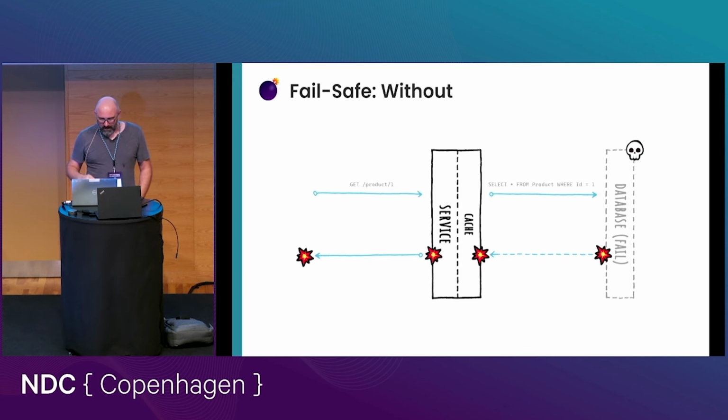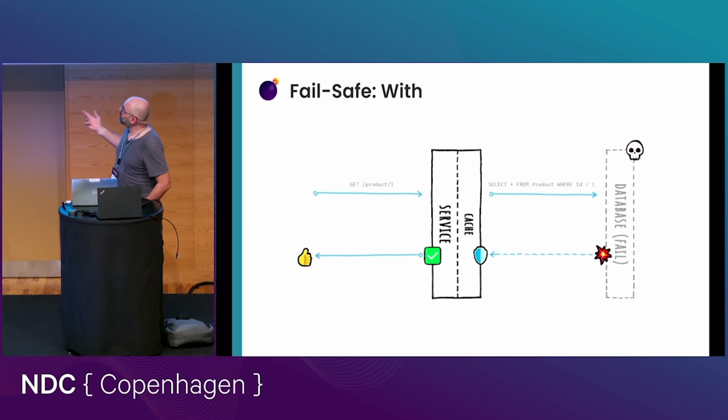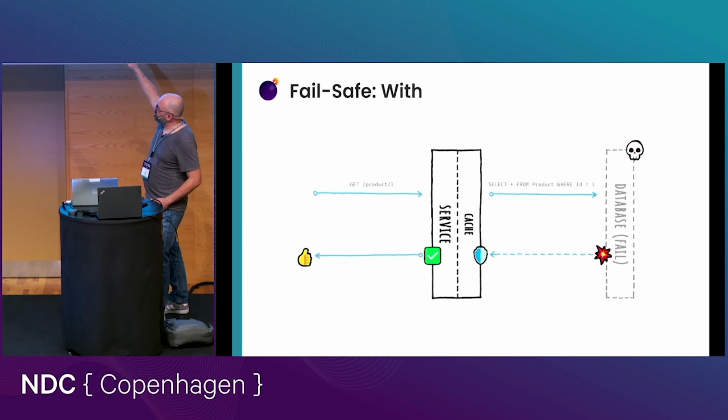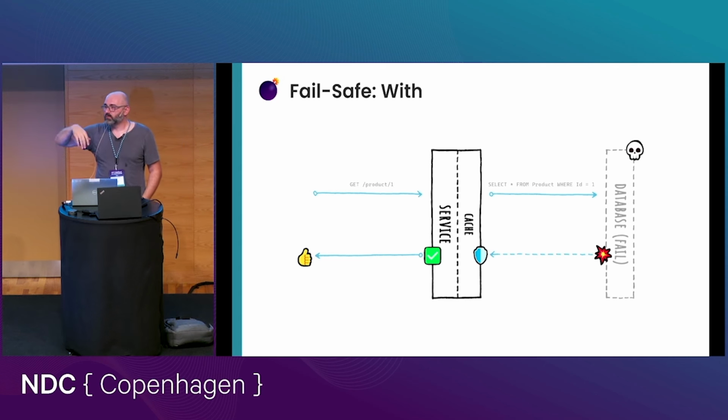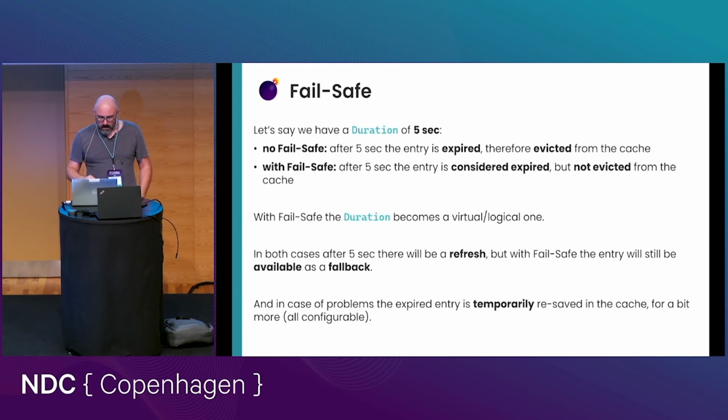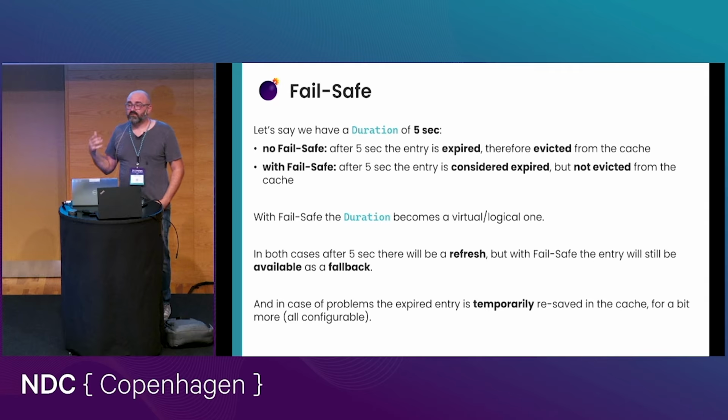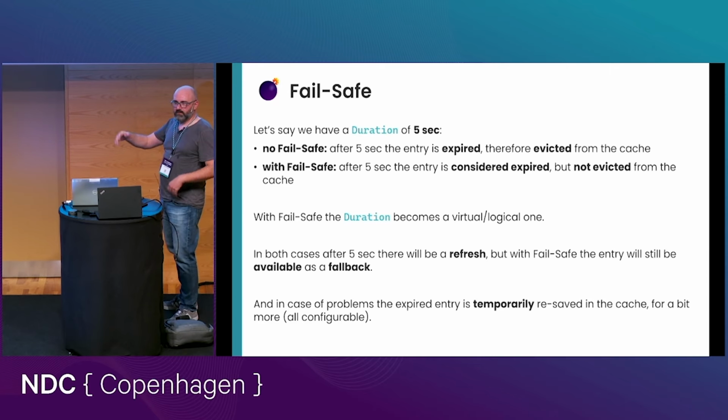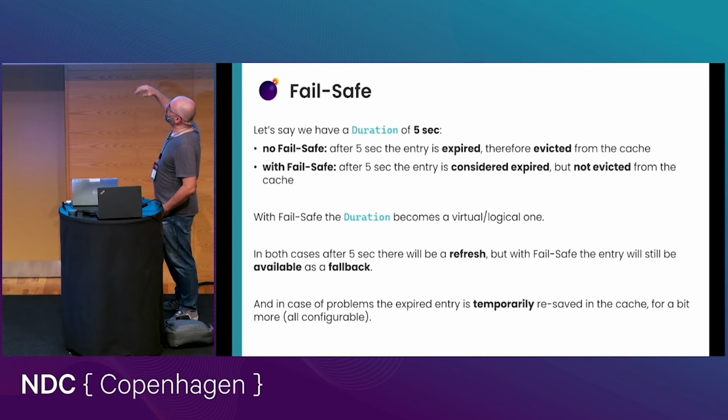So basically, it turns this into this, because it protects us, and the end result is that our users will not know about anything. Now, let's say we have a duration of 5 seconds. Normally, without failsafe, in a normal cache, after 5 seconds the entry, the value in the cache, is expired, and therefore evicted from the cache. It's not there anymore.